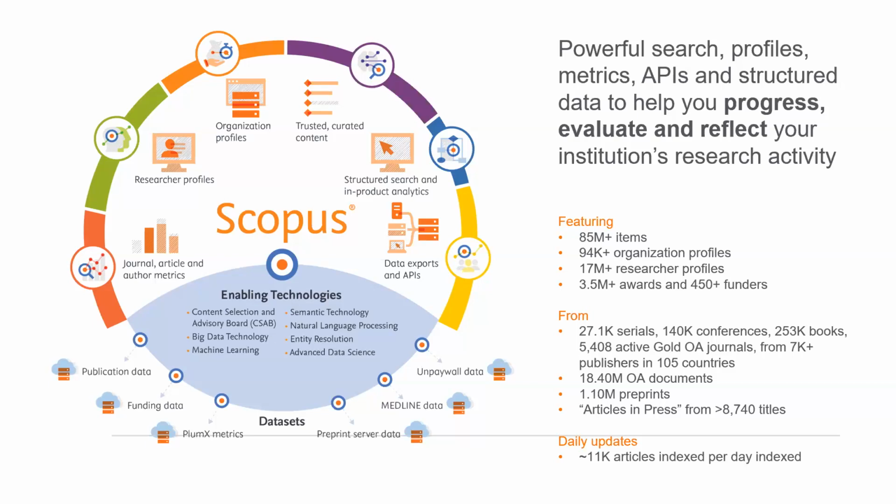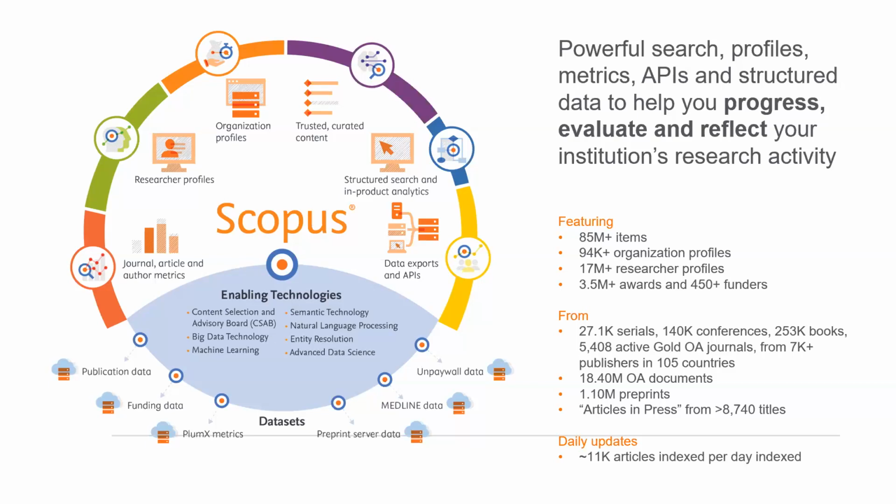How Scopus is able to get all this information is because we work together with over 5,000 publishers globally, so we are able to aggregate the publication data. We have built-in funding data, PlumX for alt metrics, preprint server data, Medline data, as well as Unpaywall data. And we have some very strong technological aspects with regards to this.